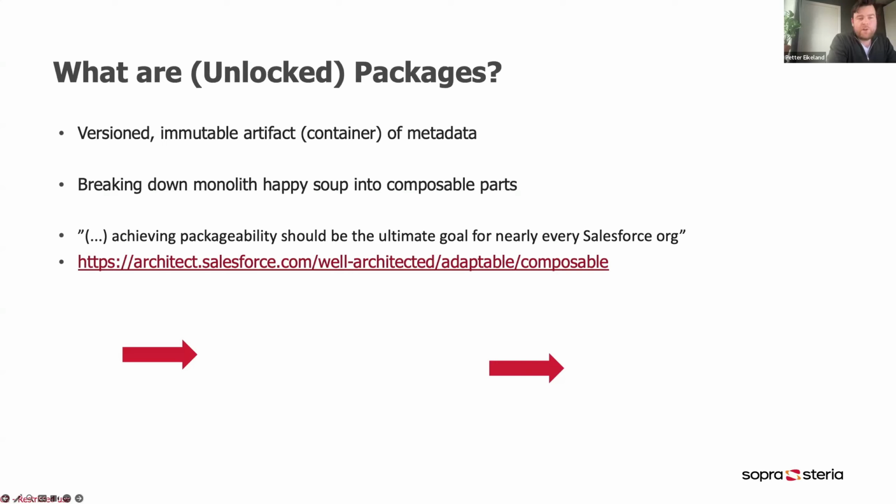We use it to break down the monolith org, everything installed, where you don't know how everything interacts, into more composable parts and getting control over our dependencies. So a short quote from the Well-Architected framework: achieving packageability should be the ultimate goal for nearly every Salesforce org.